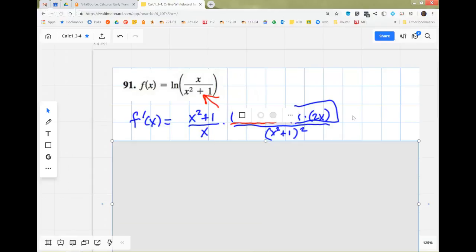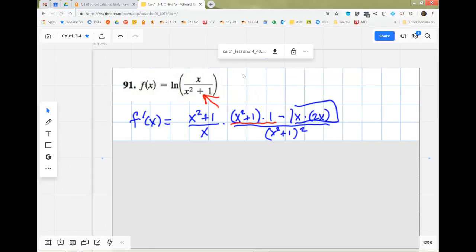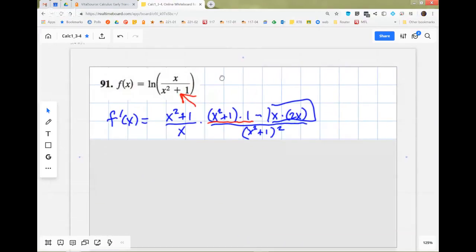Okay. Now, unfortunately, we have quite a chain rule to do because inside this function there is a quotient. So we've got to do the quotient rule. So denominator times derivative of numerator minus the numerator times the derivative of denominator over denominator squared.